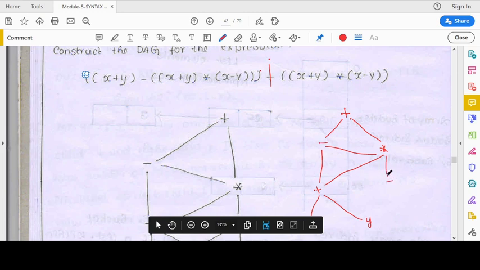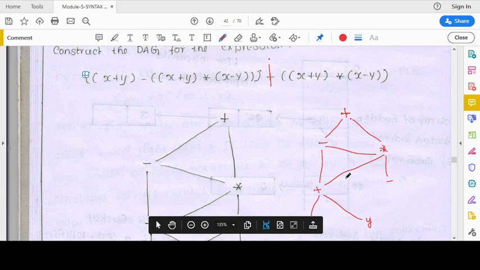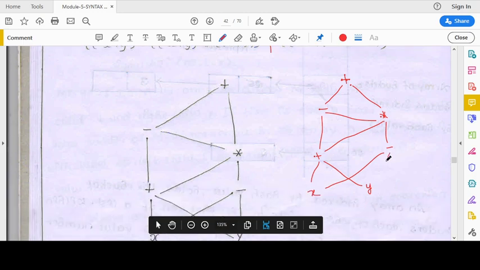So with the operators you can create more values, right? Here this plus has left child x, which I already have, and right child y. And this minus has left child x, referring to the x value, and right child y.